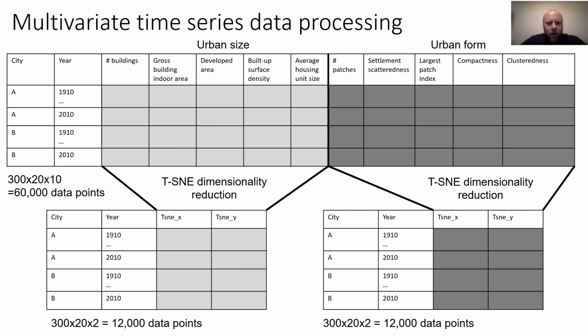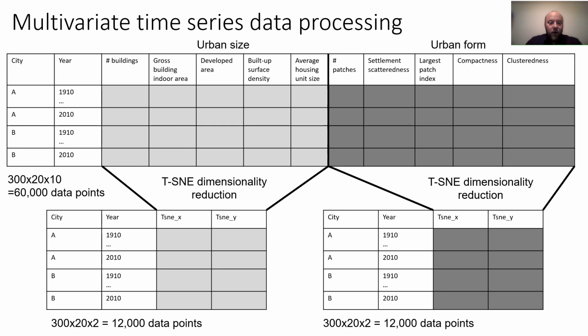If we look at the underlying data that we've generated, I want to illustrate this a little bit in this table. We see here the cities, city A and city B as an example of these 300 metro areas, 300 cities that we're analyzing. For each of the 300 cities, we have around 20 points in time, a measure for each year from 1910 to 2010 in 5-year intervals.